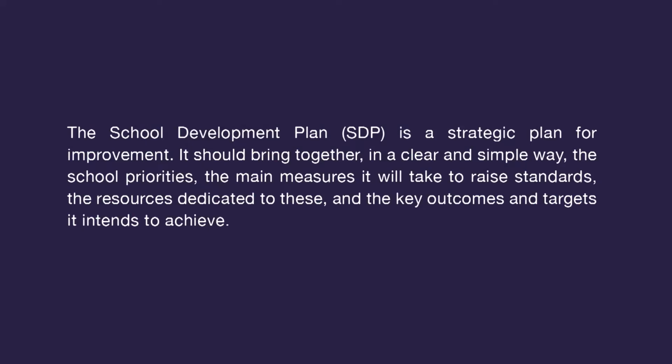change. School Development Plan or SDP is a strategic plan for improvement. It should bring together in a clear and simple way the school priorities, the main measures it will take to raise standards, the resources dedicated to these, and the key outcomes and targets it intends to achieve.